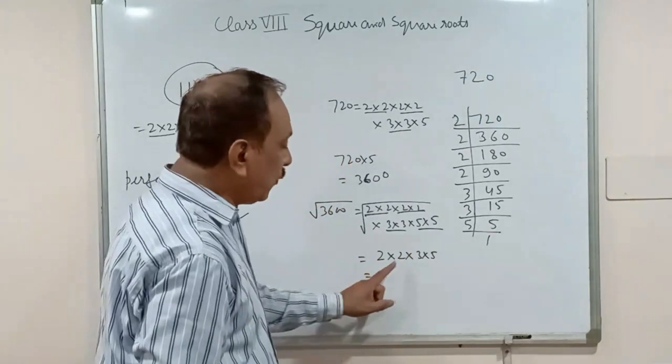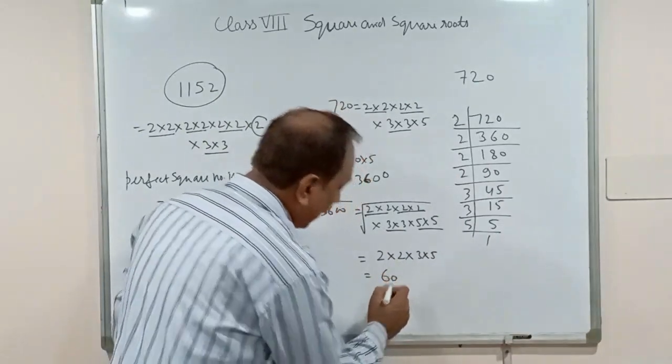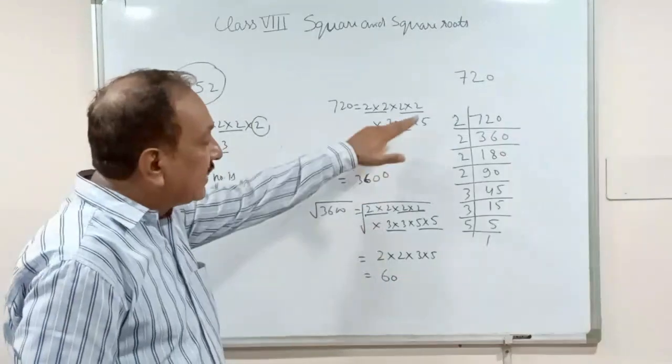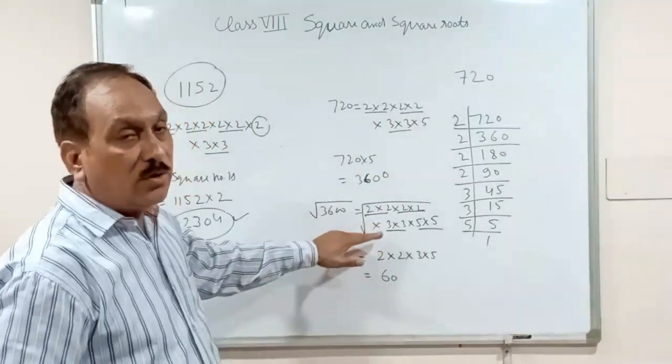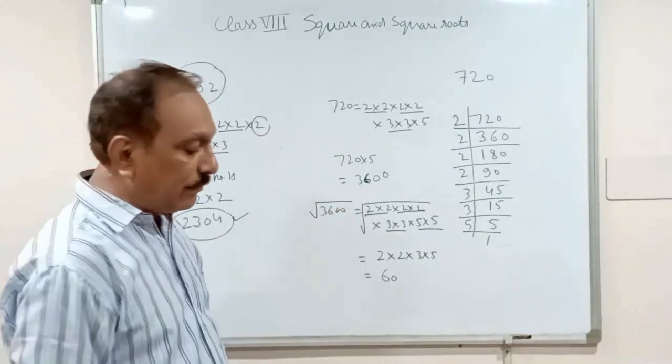This is 2 to the 4, 4 to the 12, 12 to the 6. So the square root of 3600 is 60. This is the method of finding the square root of any number by the prime factorization method.